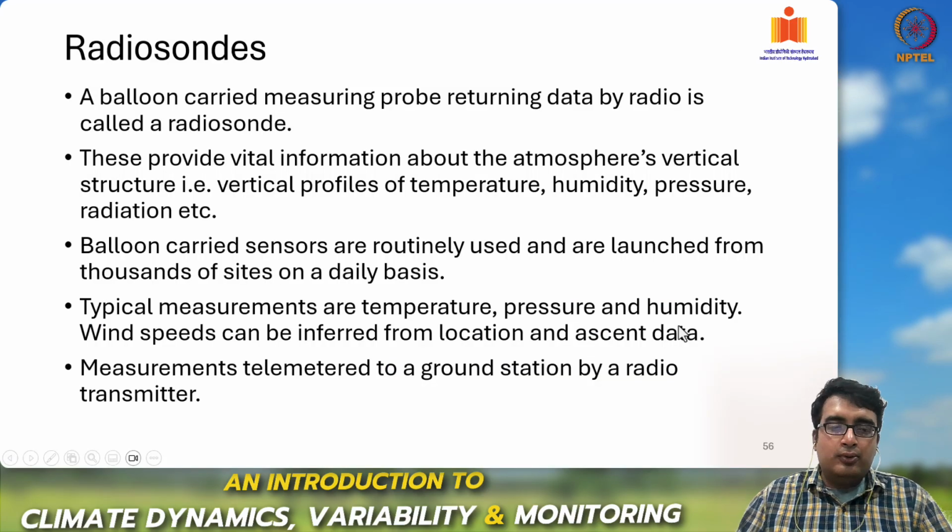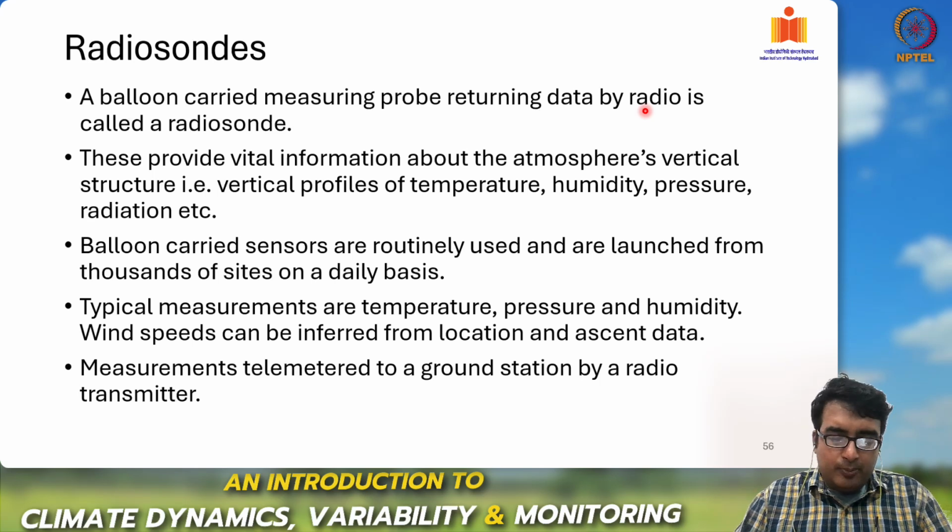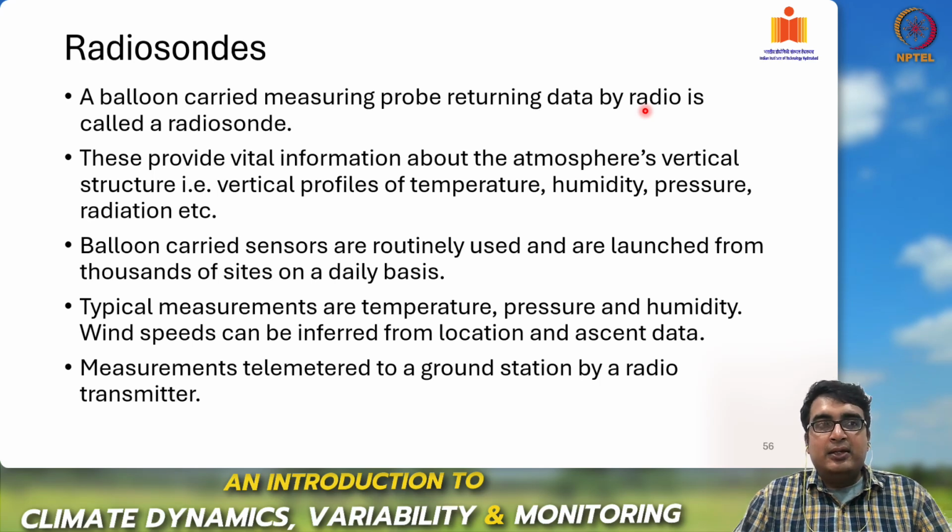Radiosondes are balloon carrying measuring probes that return data by radio, and that's why it's called a radiosonde instrument. These provide vital information about the atmosphere's vertical structure. All the measurement methods we have discussed earlier provide information only at the ground level.